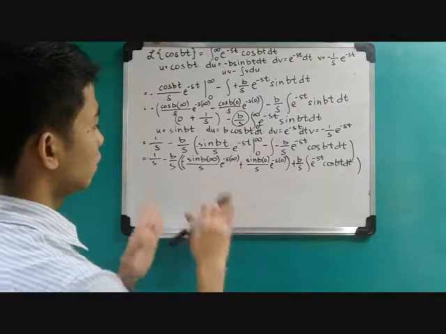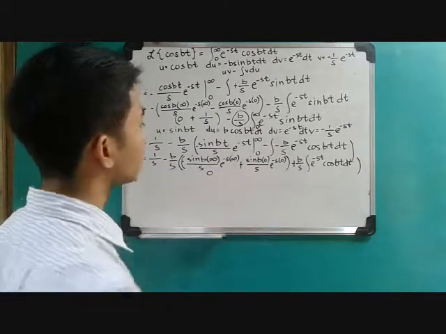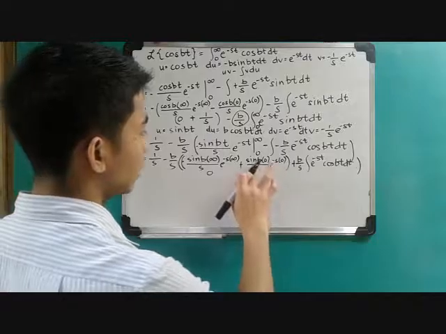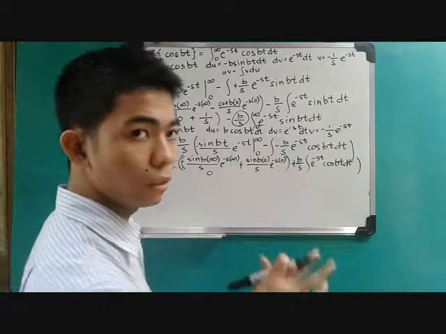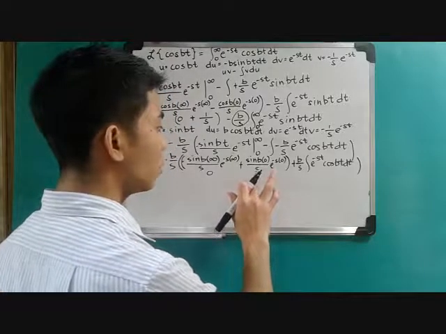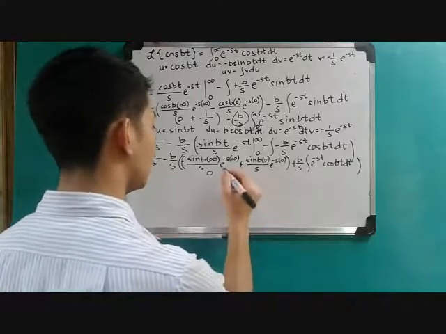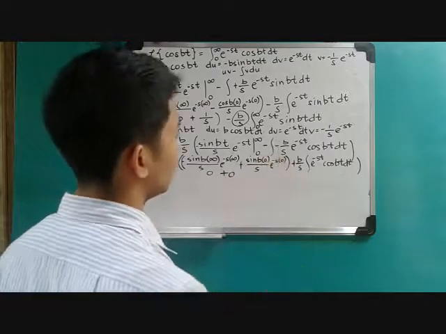So e raised to a very large number will become 0, and sine 0 is equal to 0, so it will become 0 over s. So 0 over s is 0 times 1, 0 again, plus 0.